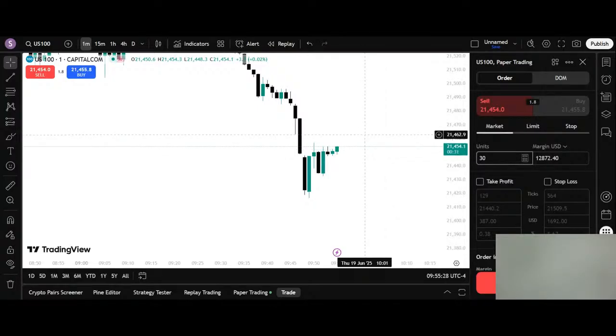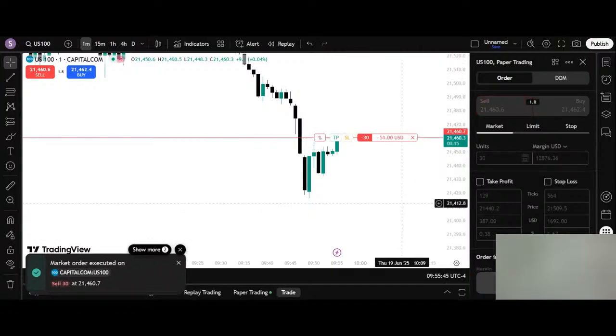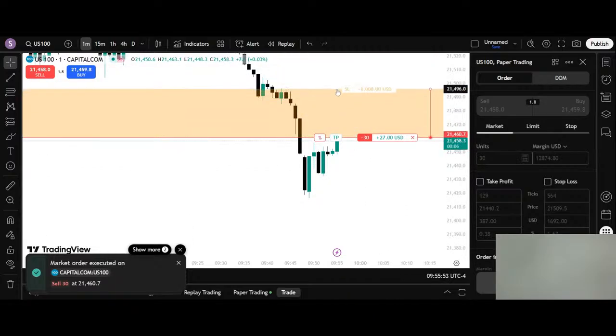I want to take a sell from the upper end of this FVG, from here till here. So my sell is way above here. Now I'll be taking a sell. My sell is going to be here.